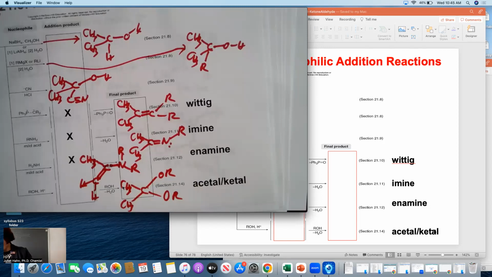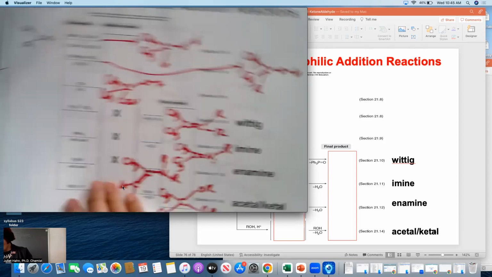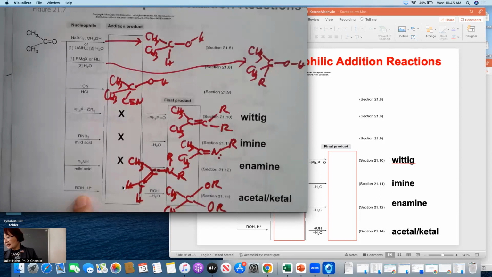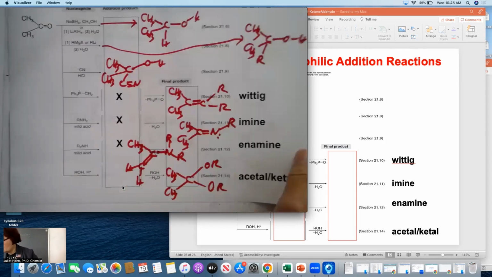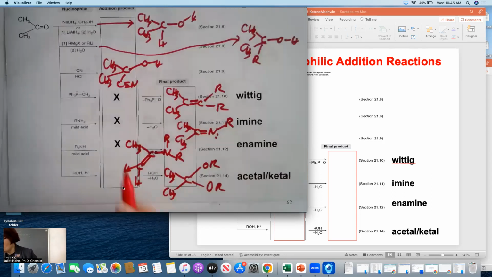Bottom left. Oh, that is, if you add on 1, then you end up with 1 OR and 1 OH. That would be the hemiacetal. You add on the second one, then you add on 2 ORs, and then you get the acetal or ketal. So I could actually ask you for that one.